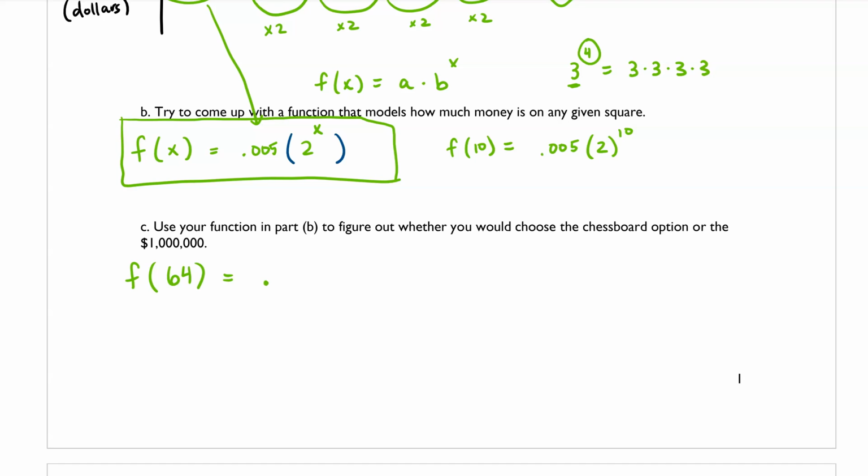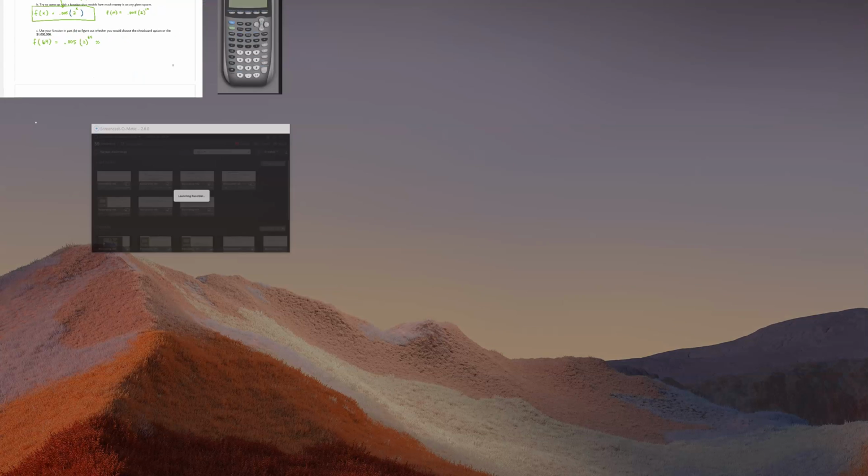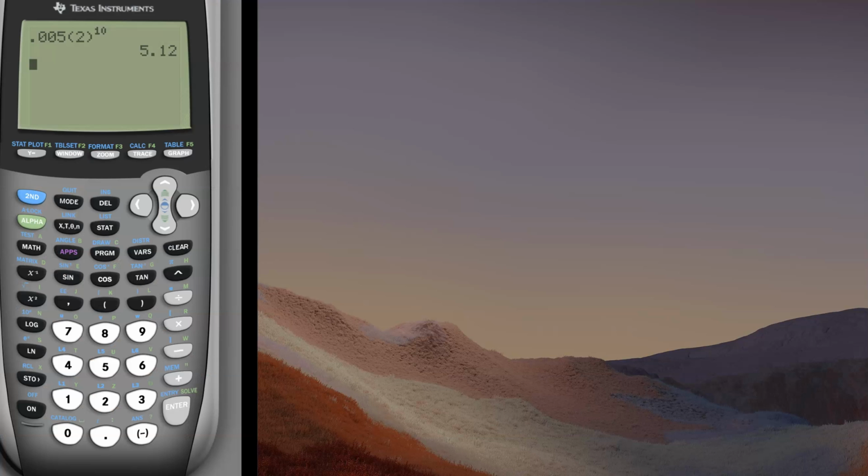So that means that we'd have 0.005 times 2 to the 64th power. And let's throw that into our calculator and see what happens.